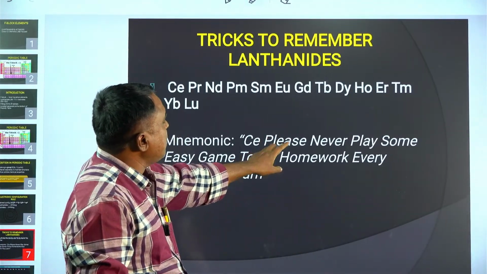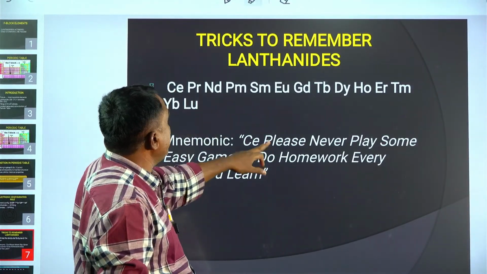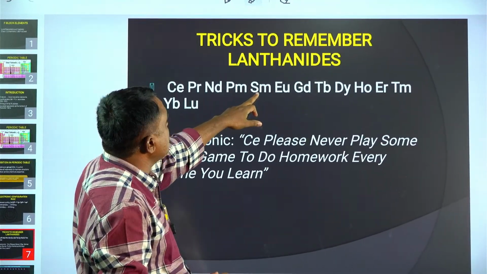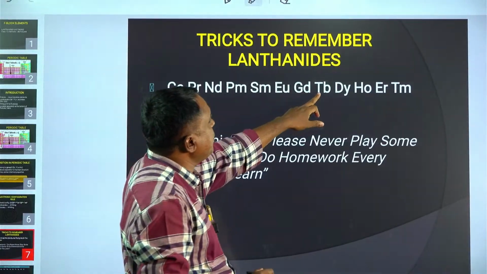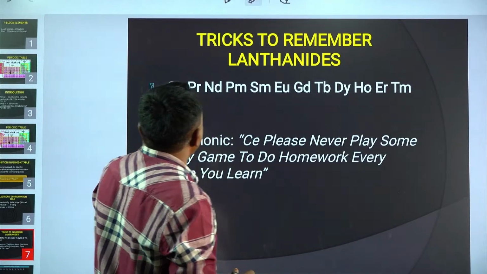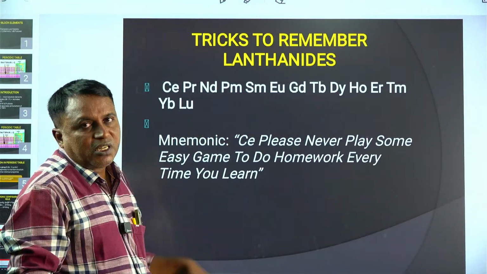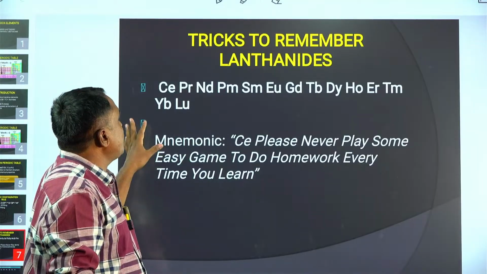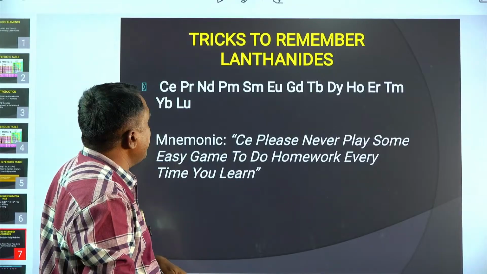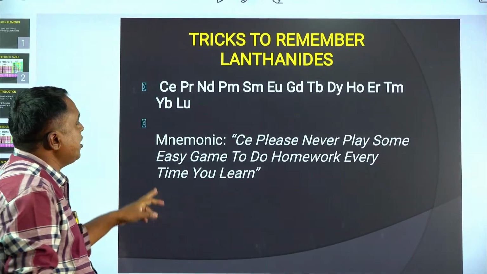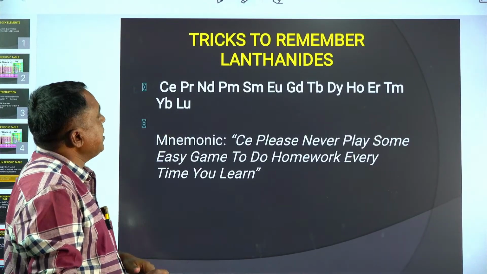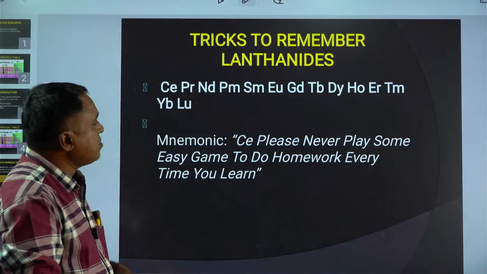C means cerium, please means praseodymium, never means neodymium, then promethium, samarium, europium, gadolinium, terbium, dysprosium, holmium, erbium, thulium, ytterbium, and lutetium. So these are the 14 elements, which we can remember using the mnemonic: please never play some easy game to do homework every time you learn. This is the trick to remember lanthanide elements.